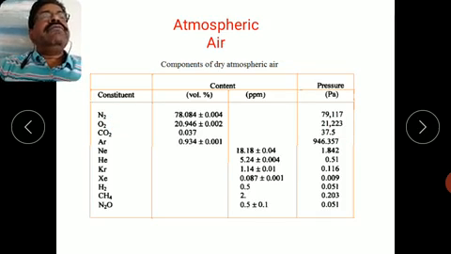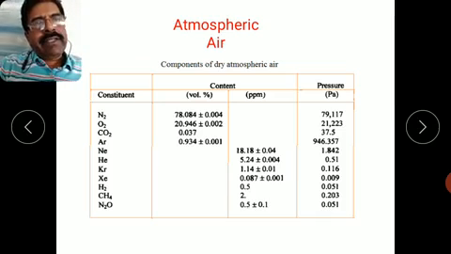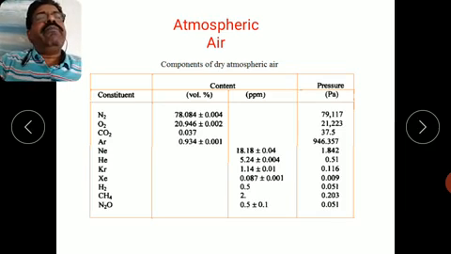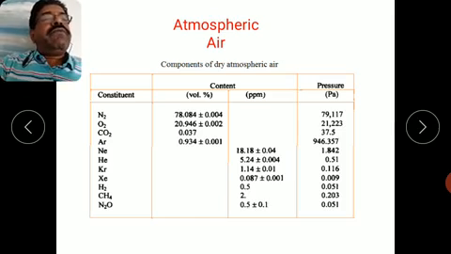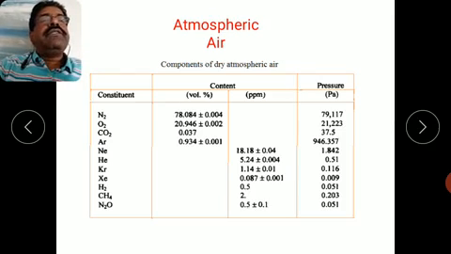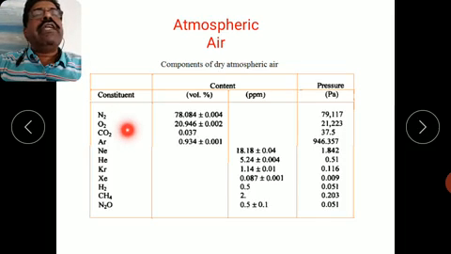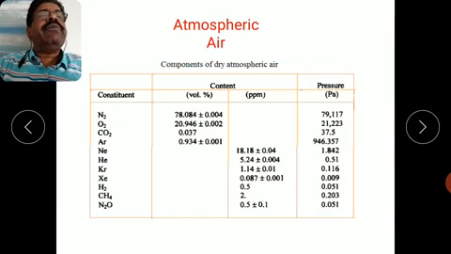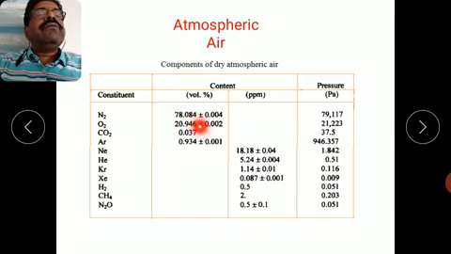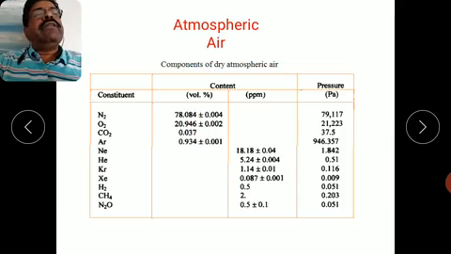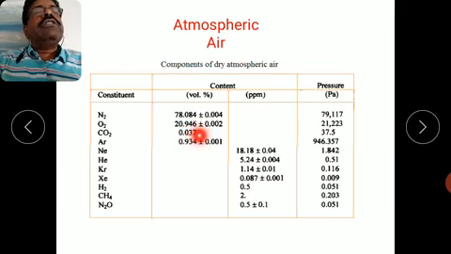So why are we discussing this table? This is very interesting: when you are creating a vacuum, your vacuum pump or vacuum system must concentrate on these gas molecules: nitrogen, oxygen and CO2, or rather only two, nitrogen and oxygen. Why? Because nitrogen has a contribution of 78.08% in the atmospheric air, whereas oxygen has almost 21%.